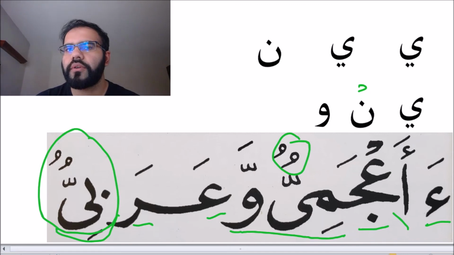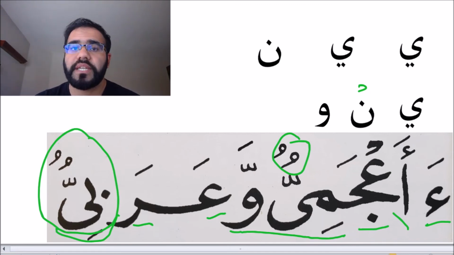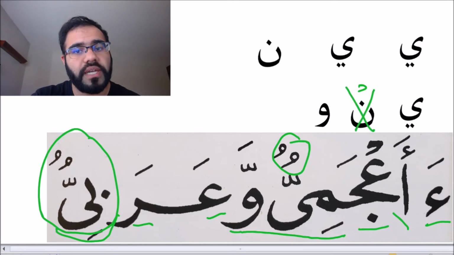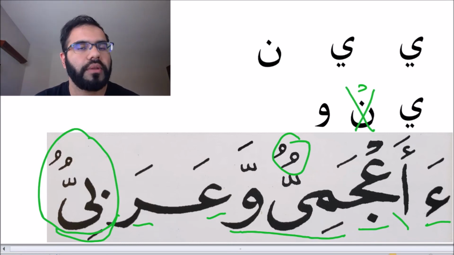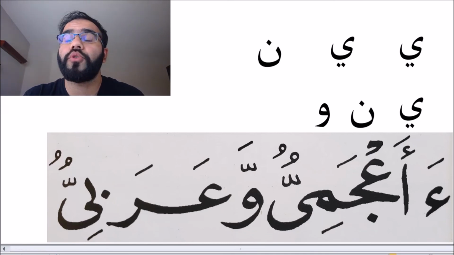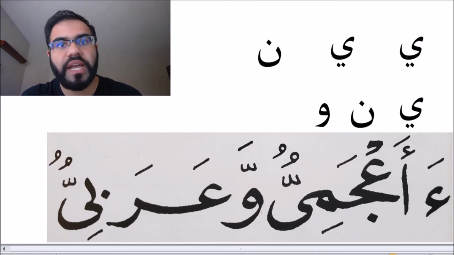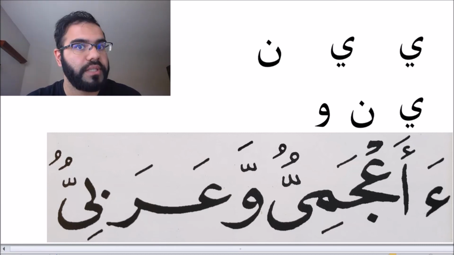What if another letter with a shadda shows up after the tanween or a noon sakin? Basically the same thing. You're going to drop the noon sound. You're going to jump straight to the letter, only you will not hold it. It's still called idgham, but you're not going to hold it down as long as you would a wow or a ya. Now what if a noon or a meme with a shadda appears after a noon sakin or a tanween? Remember we talked about noon and meme with shadda, those have ghunna.